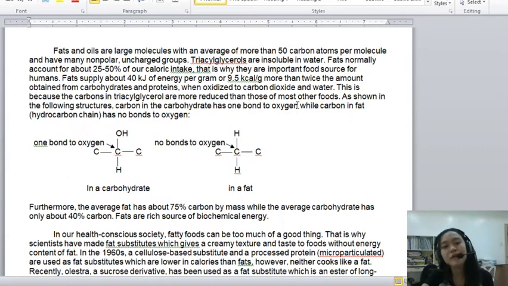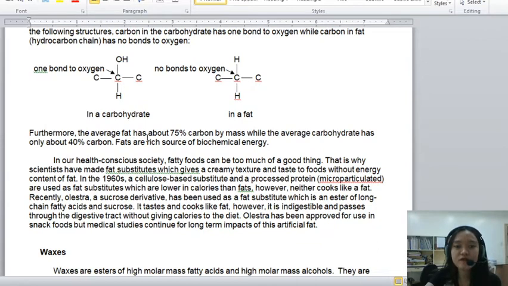So when you say reduced, meaning you lose a linkage or a bond to an oxygen molecule. So kung sa carbohydrate, meron ka pang isang bond with your oxygen contained in the OH group, pagdating sa lipids or sa fat natin, wala nang bonding to an oxygen molecule. Okay? So they are more reduced.